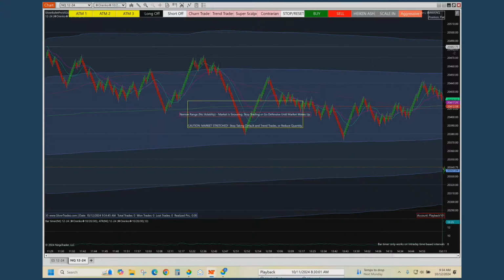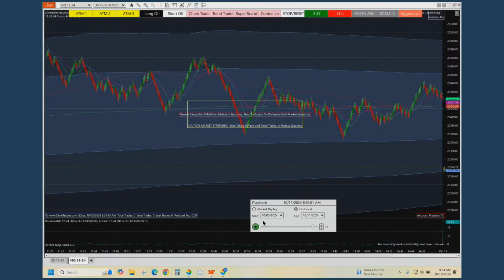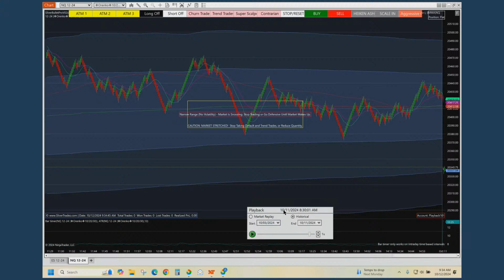And here is the timer for the playback. I can use yesterday's market data, which I have downloaded, and I can use that market data to show you how the software would have behaved if we turned it on and took trades.